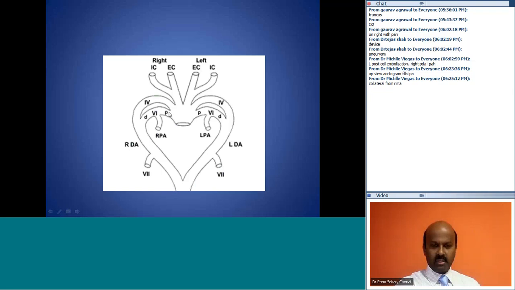The proximal part of the pulmonary artery regresses spontaneously, with the result that you have ductal supply to both left and right pulmonary artery in the setting of pulmonary atresia. So that was a case of bilateral PDA.